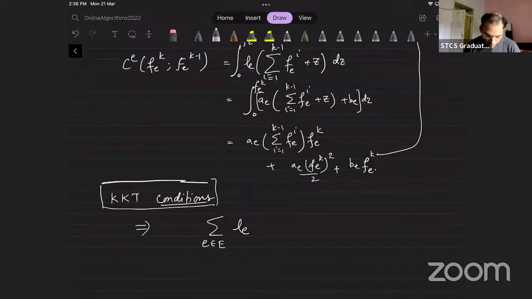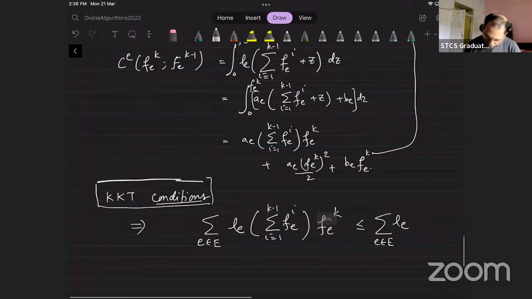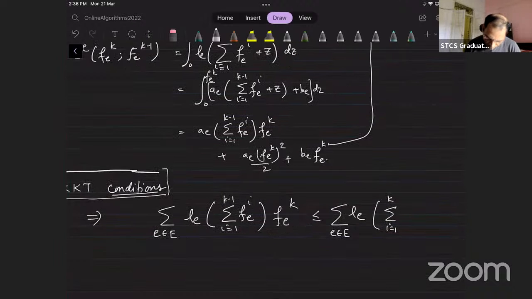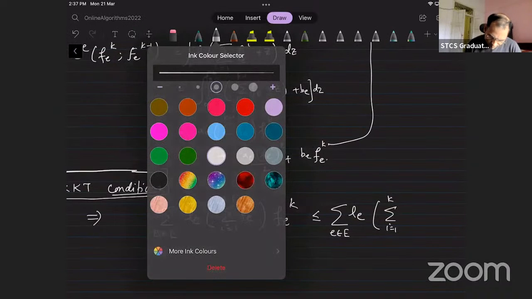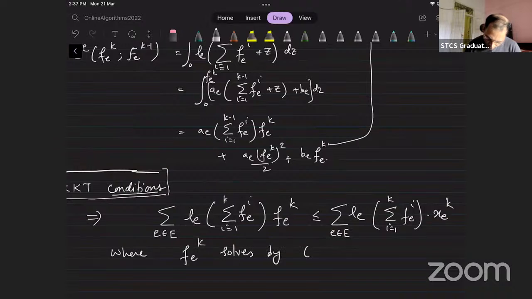L_E is of course A_E x plus B_E. Where f_EK solves my convex program, while x_EK is any other flow.